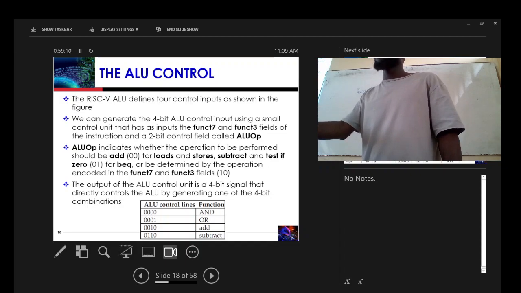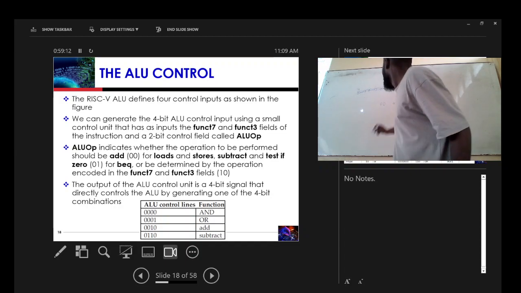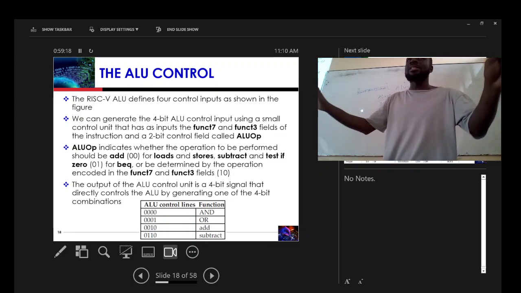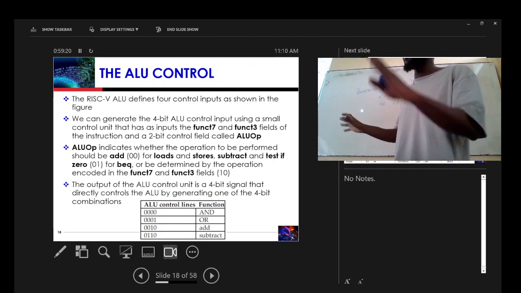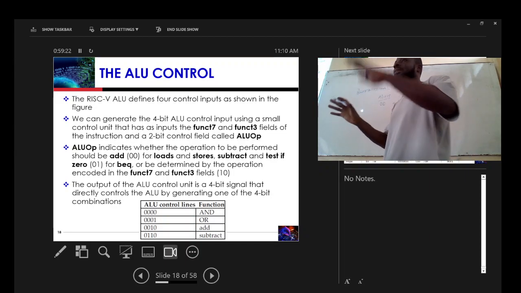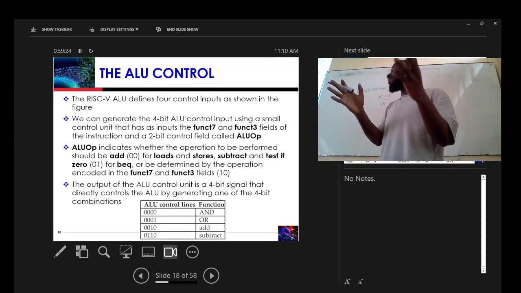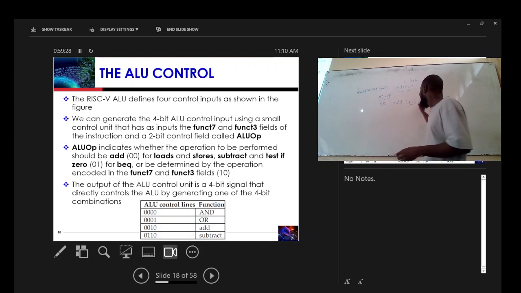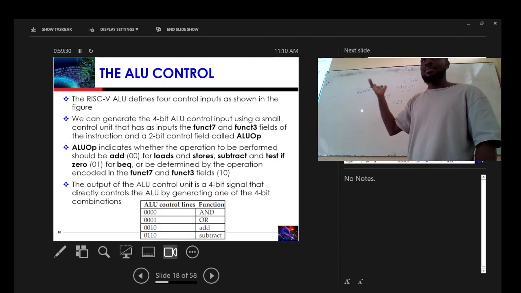Understood? If the ALUOp is 00, it means that we are doing an addition, but this addition is not a normal addition like just adding 2 registers. It's an addition to calculate the address for our store doubleword and load doubleword. Understood?